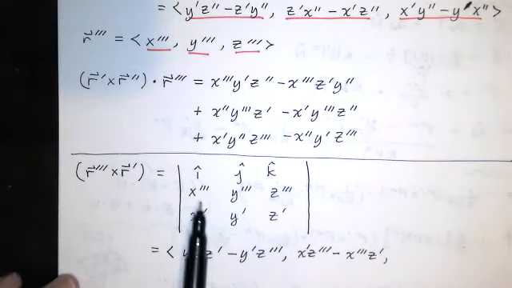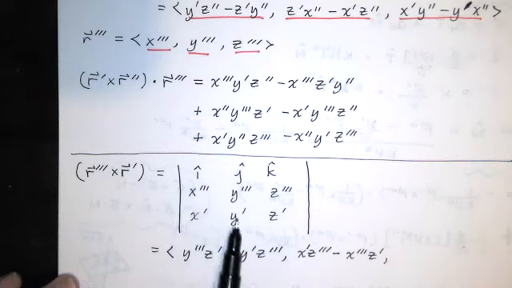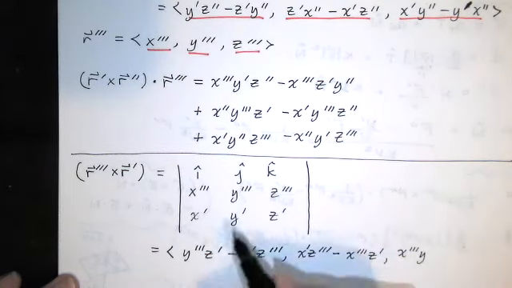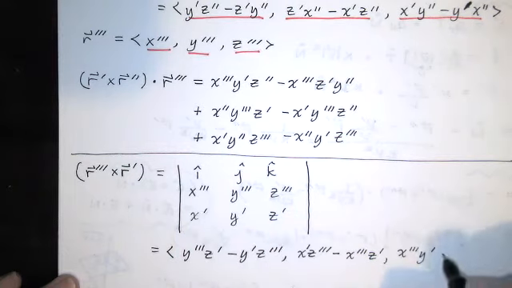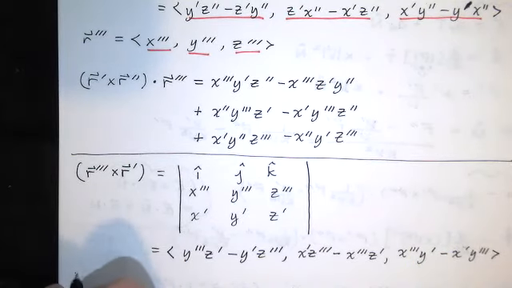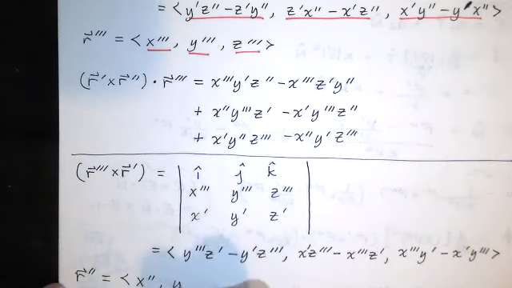And then last one, cross out this row and this column, this times this, minus this times this. And we're taking this result and we're dotting it with our r double prime, which has these components.